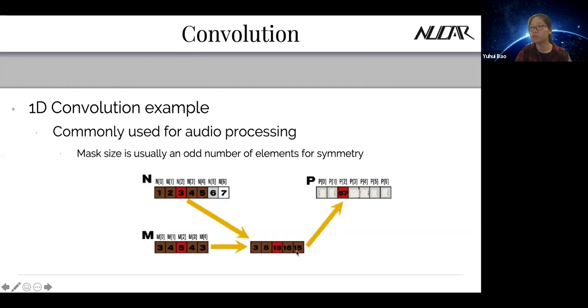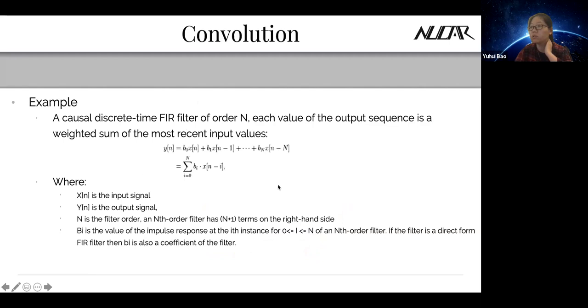Then we do the sum and put the result into the output array. It's similar after we finish position 2, we move on to position 3. We will move this mask one element to the right.